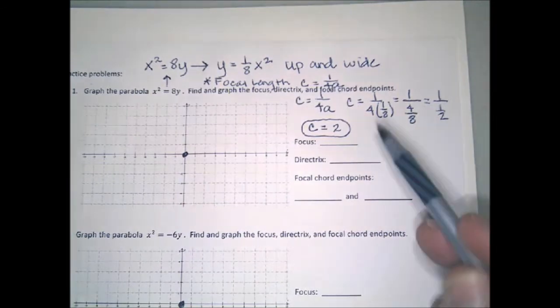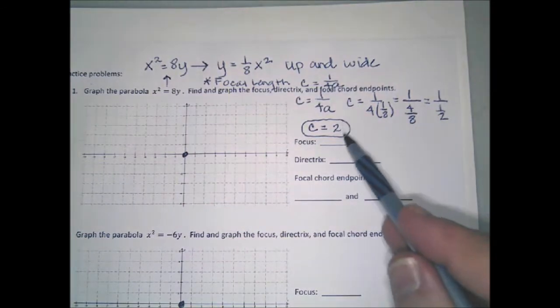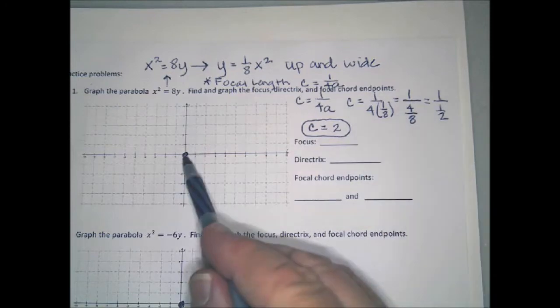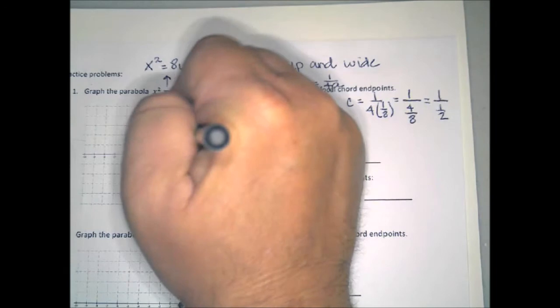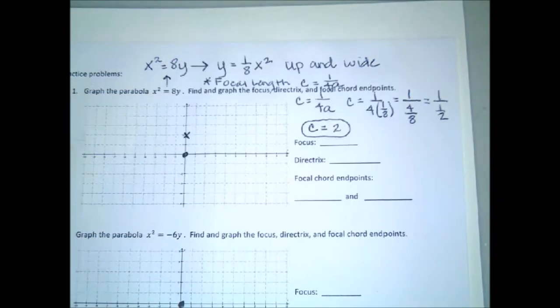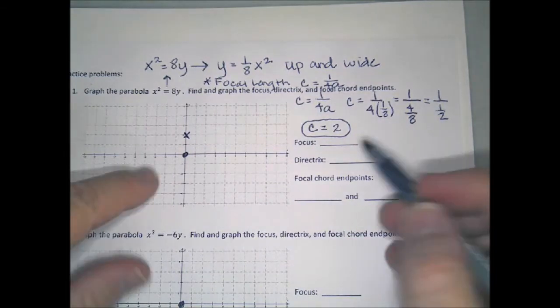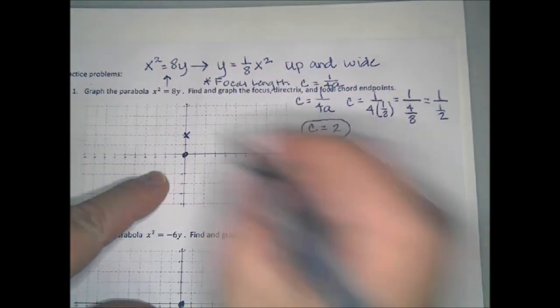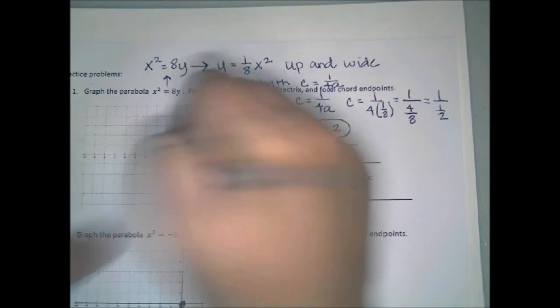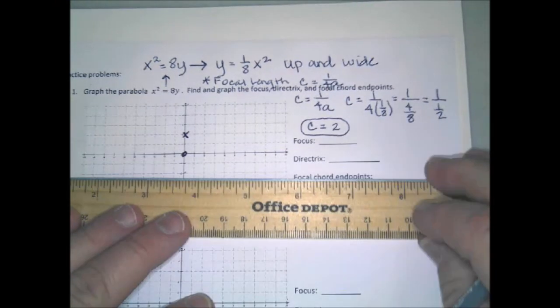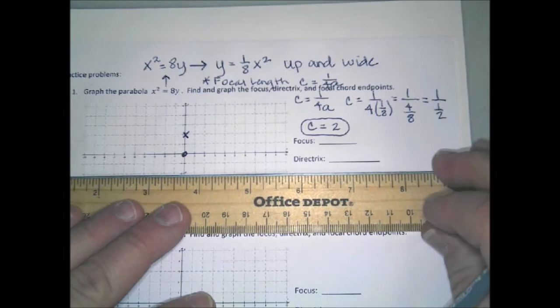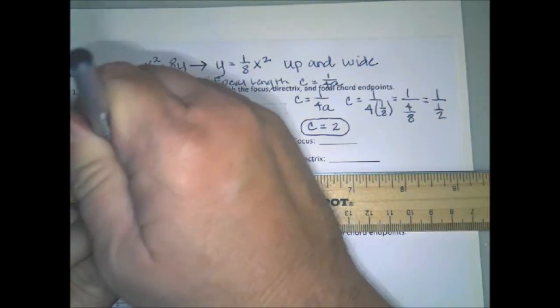Now, that's an important number, because what that does is it tells us we need to take 2 steps from the vertex up to get to the focus, and we need to take 2 steps behind to get to the directrix. So the directrix is down here at y equals -2. So that tells us 2 things already.